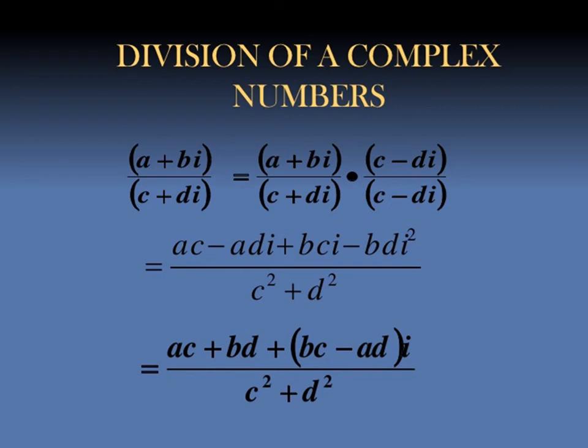Perform the operation on this denominator, where a is c and b is di. So a square means c square, plus, how does the plus sign come, minus of d square into i square, and i square becomes minus 1, so minus minus becomes plus d square. We used the formula a square minus b square in the denominator. Then the denominator becomes c square plus d square.